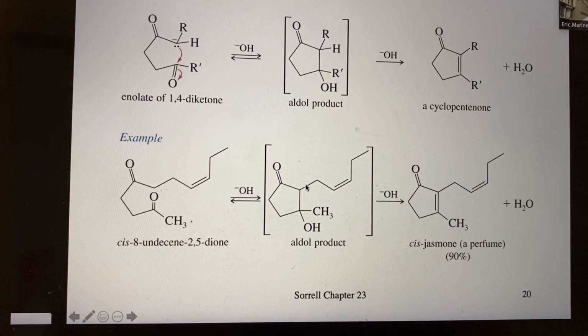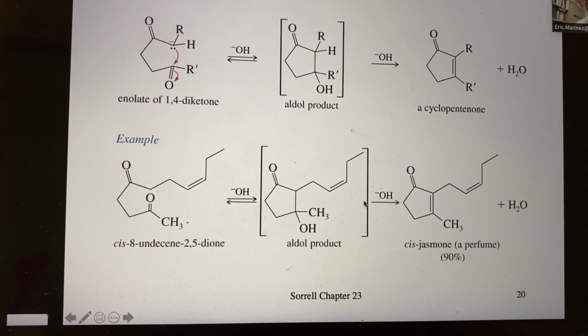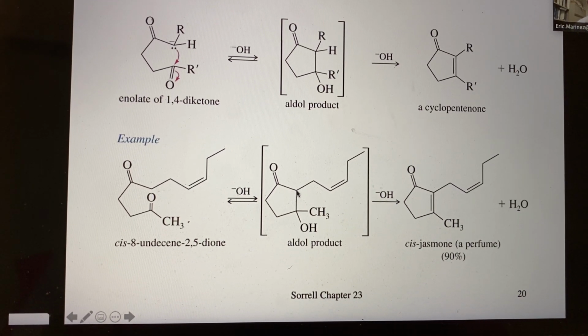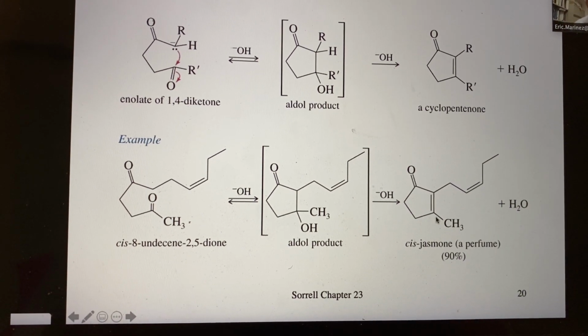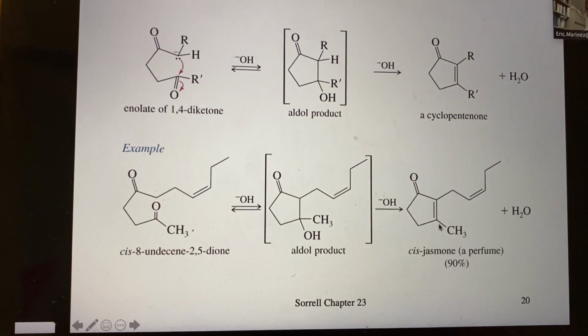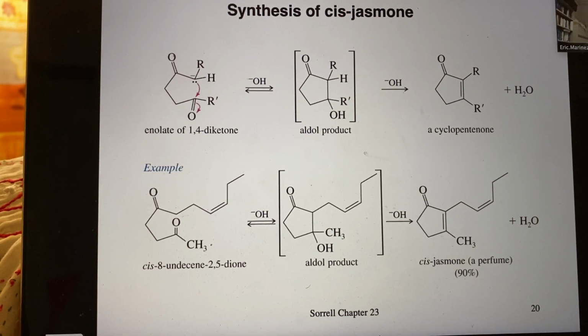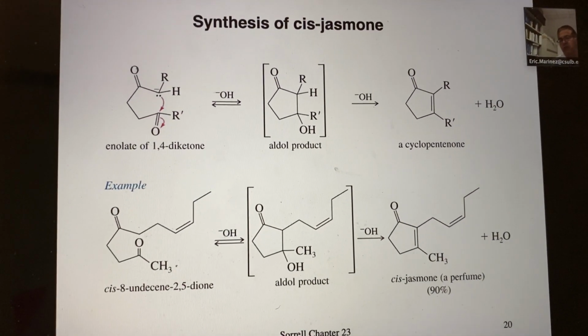Now, the subsequent step, notice there's no mechanisms here. It's just showing this intermediate. This guy eventually dehydrates to the alpha beta unsaturated ketone. And again, I'm just showing this as an example of how chemists actually use this reaction, the aldol reaction, particularly in intramolecular, to make some natural products. Here's the case.